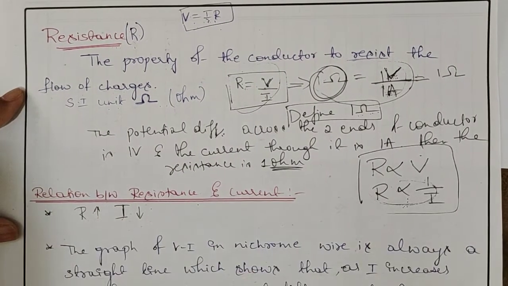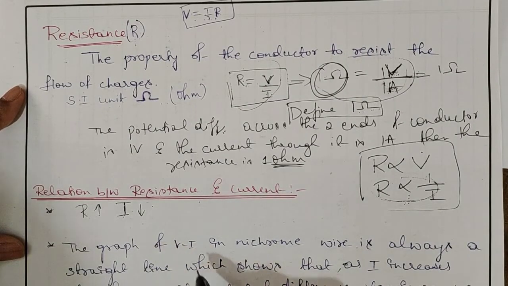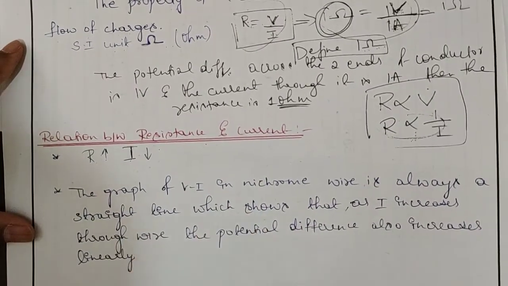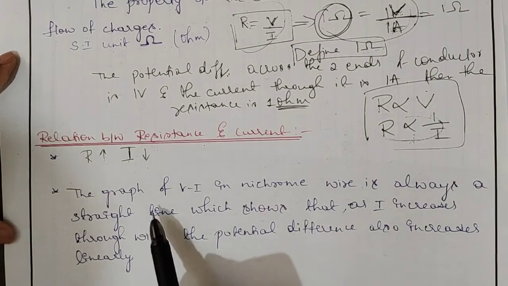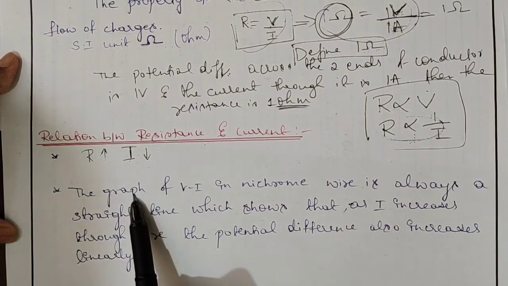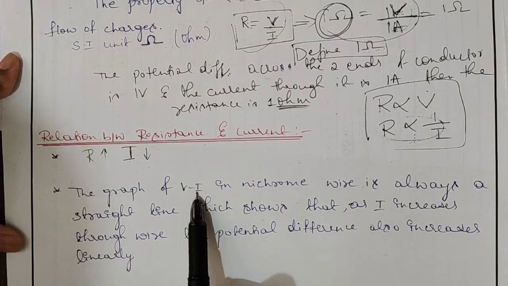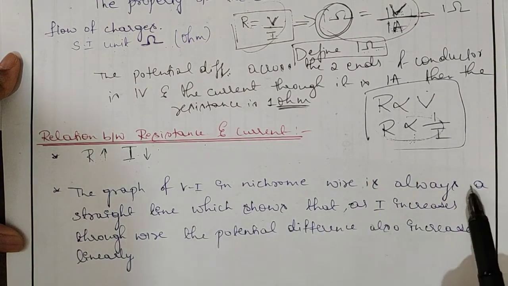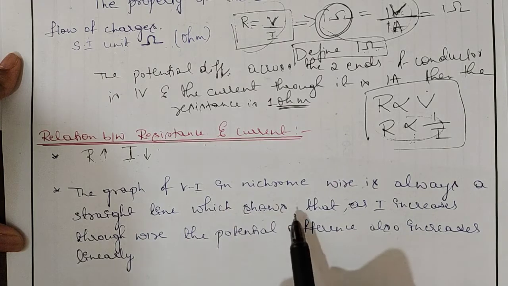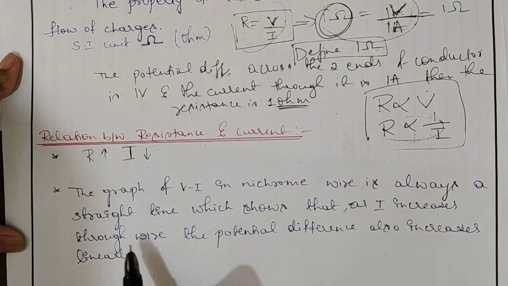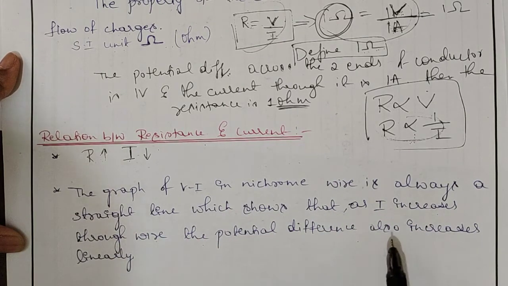So the next relation, we'll just compare this with Ohm's law, what we learned in that activity. Now listen here, the graph of VI, what is VI? Potential difference and current in a nichrome wire is always a straight line, which shows that as I increases through a wire, the potential difference will also increase linearly.